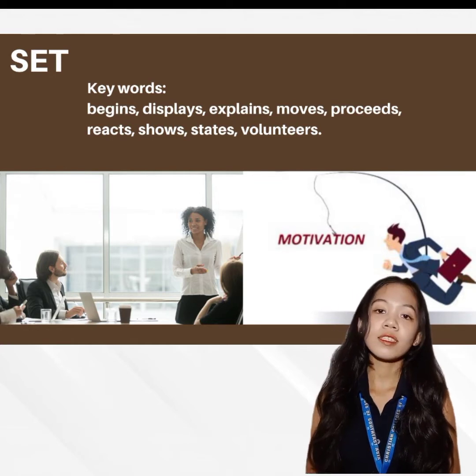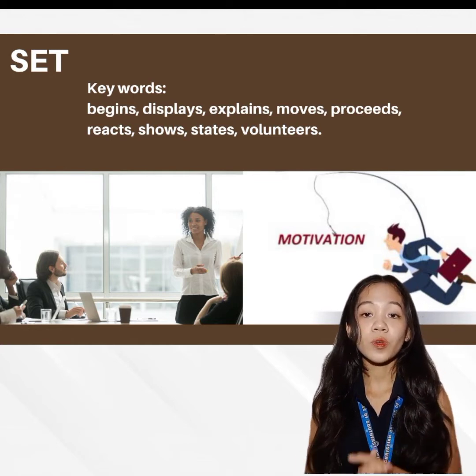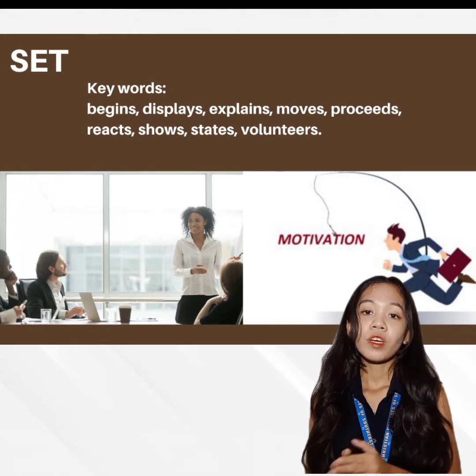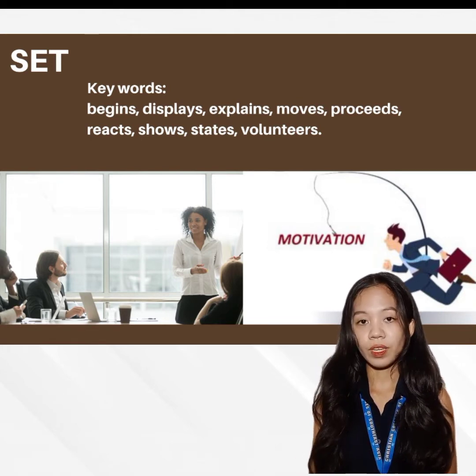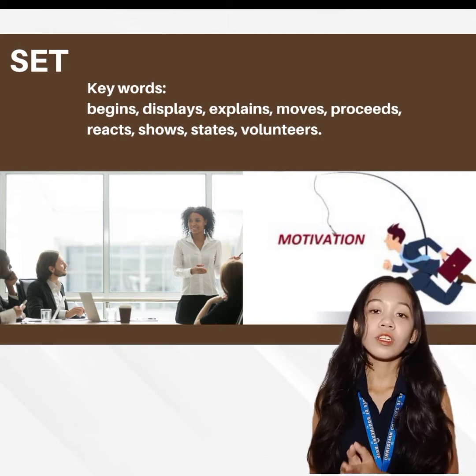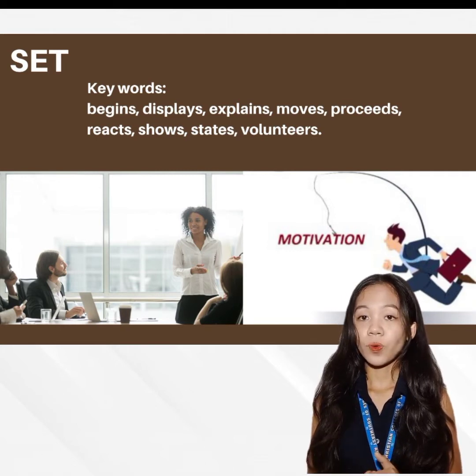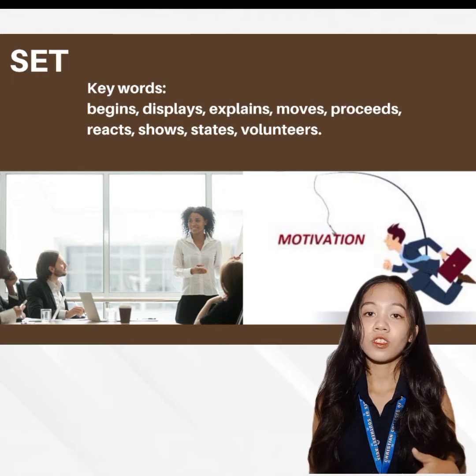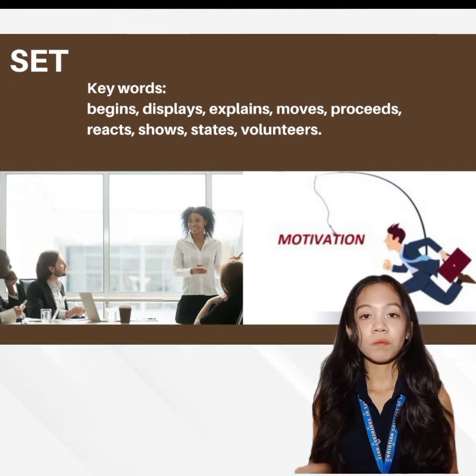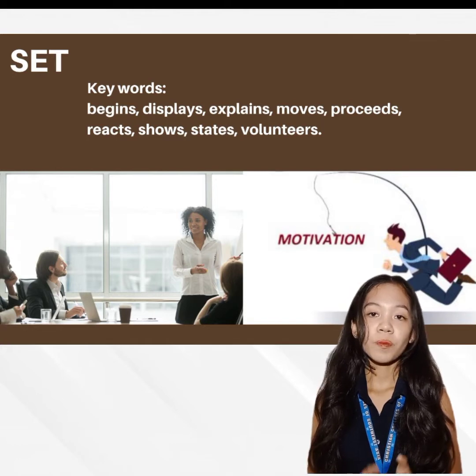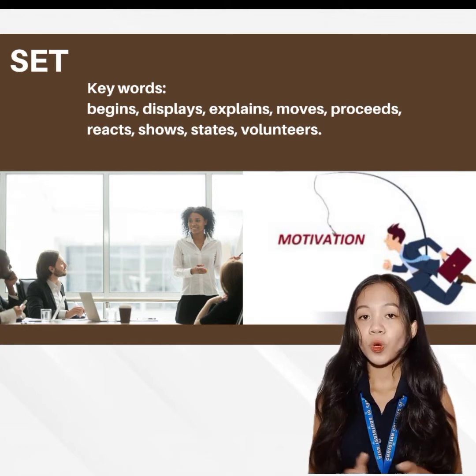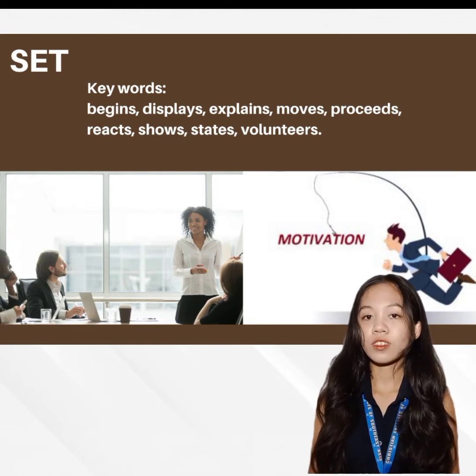But note that this subdivision of the psychomotor domain is closely related to the responding to phenomena subdivision of the affective domain. Here are the keywords that indicate this belongs to the category of set: begins, displays, explains, moves, proceeds, reacts, shows, states, and volunteers.